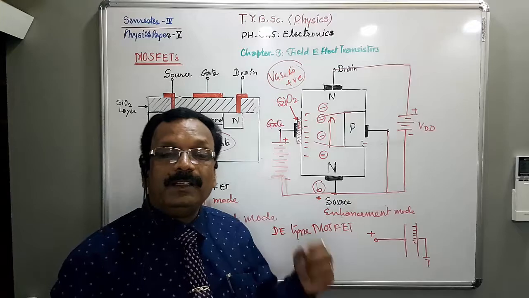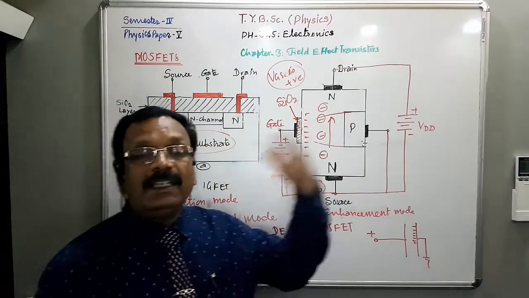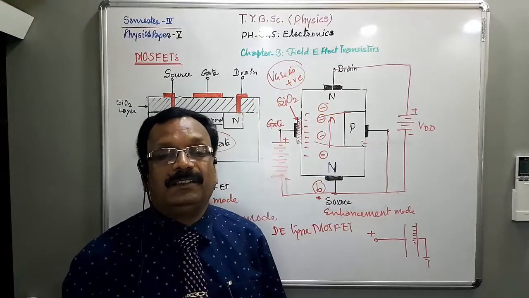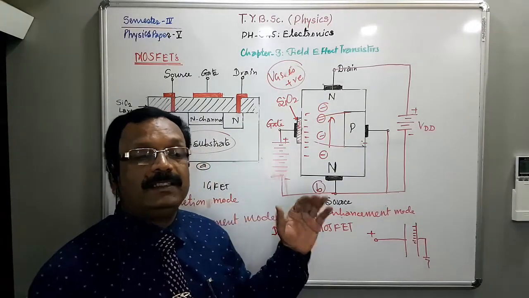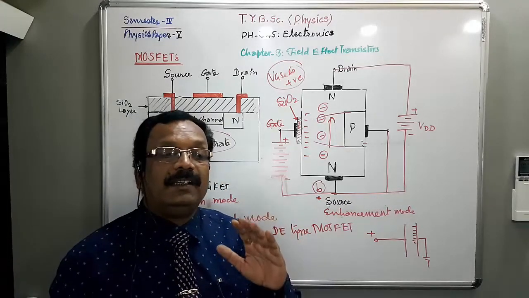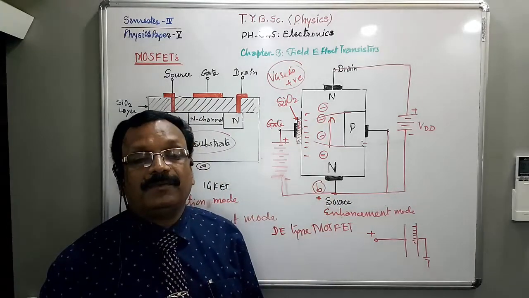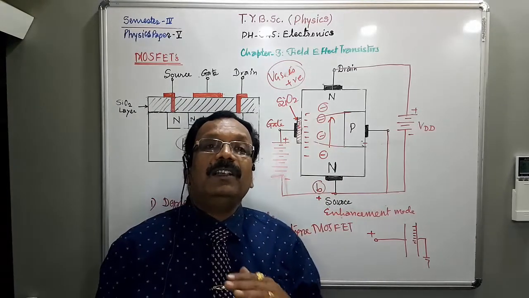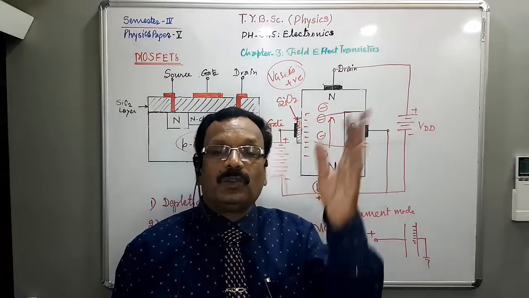Then what happens when the number of electrons increases? Obviously the current is increased. Thus positive voltage increases the number of free electrons passing through the N channel, and this increases the drain current.